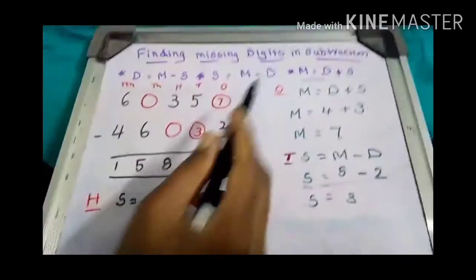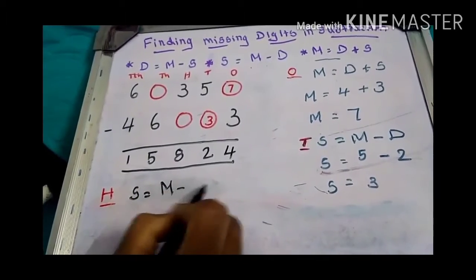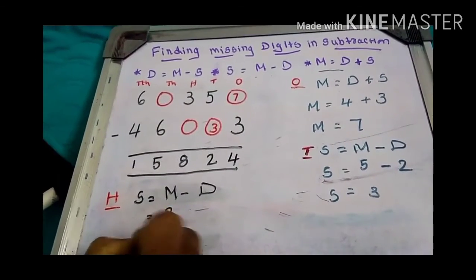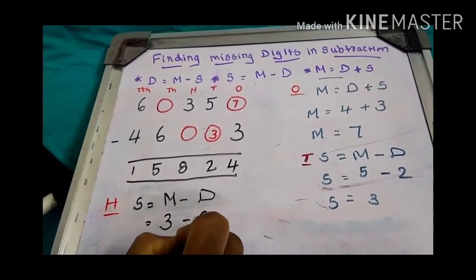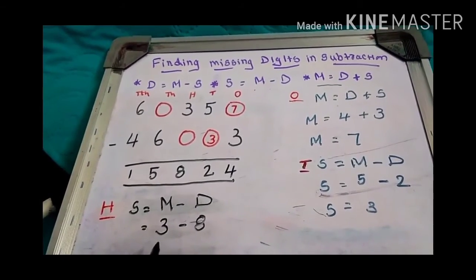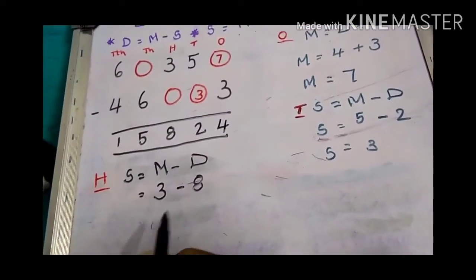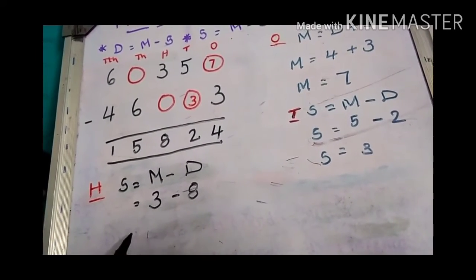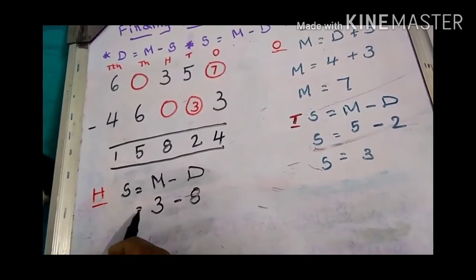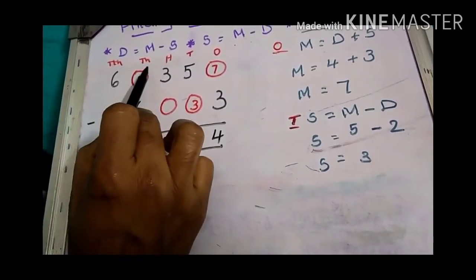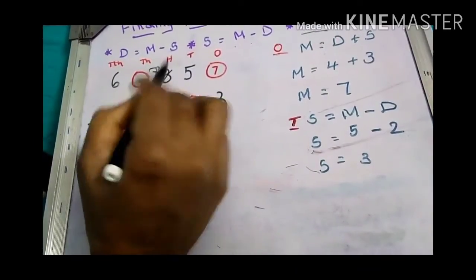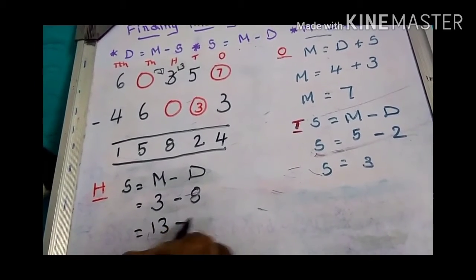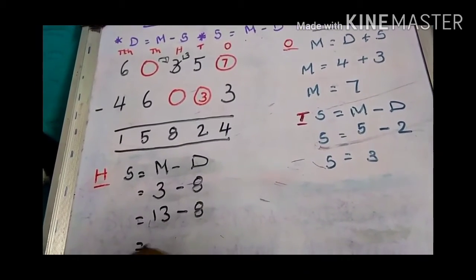The subtrahend is equal to minuend minus difference, so 3 minus 8.